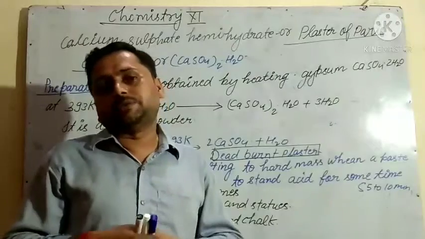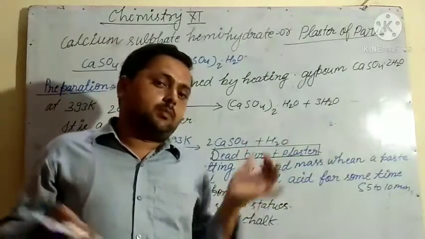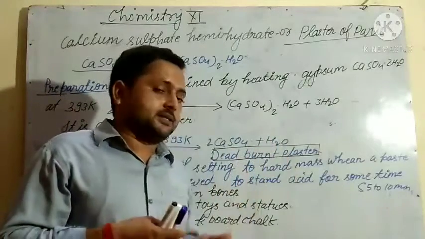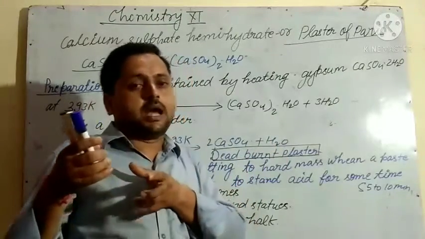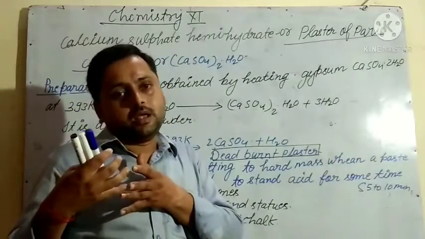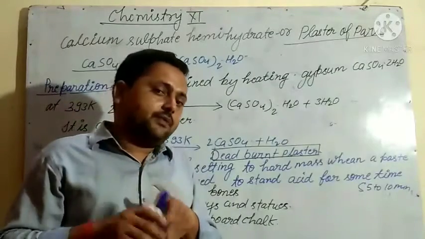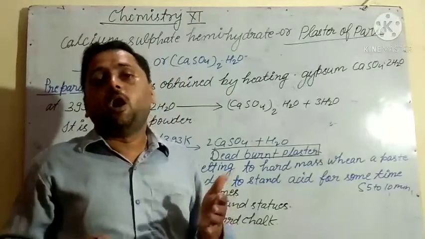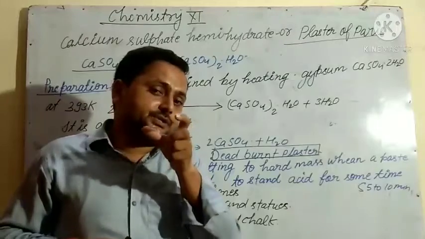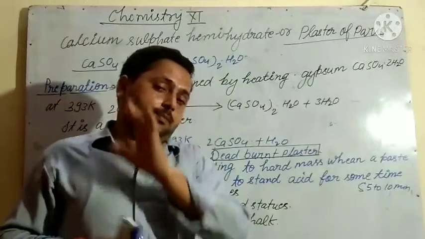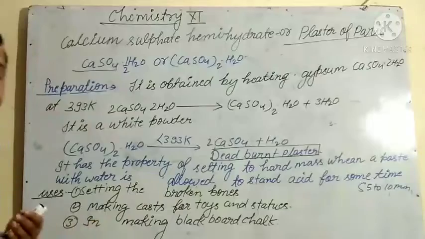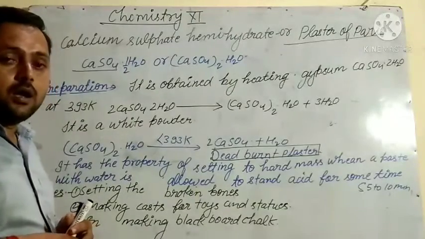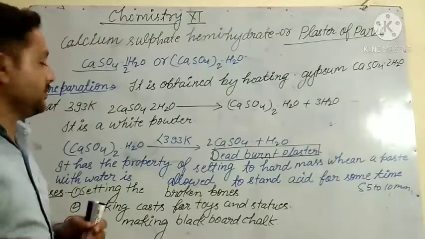What does setting mean? When plaster of Paris is taken and water is added in an appropriate amount, and it is left for some time, 5 to 10 minutes, it gets hardened, and this is called the setting property of plaster of Paris. Because of this, it is used for the plaster of fractured bone.